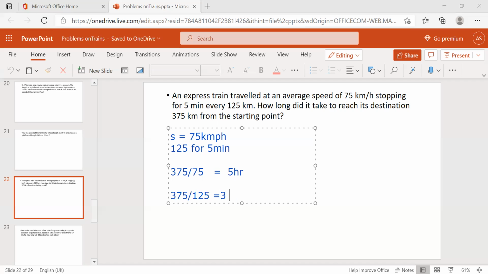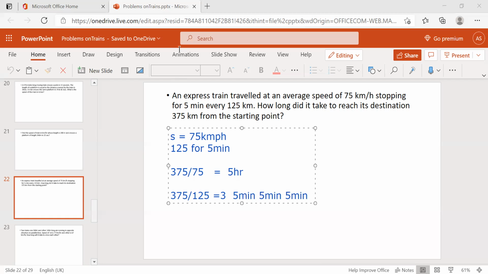After 125 kilometers, it stopped 5 minutes. Then another 125 kilometers, the second 125, it will stop again 5 more minutes. And the third one is 375 kilometers, where it has already reached, so no need to count that 5 minutes.